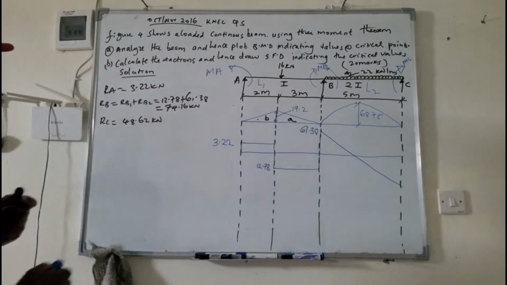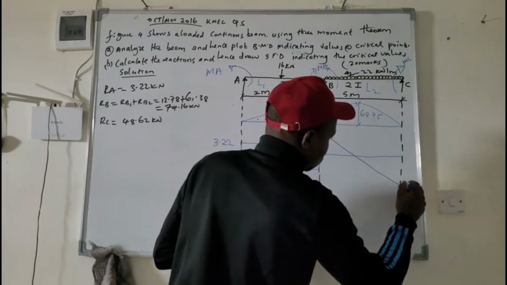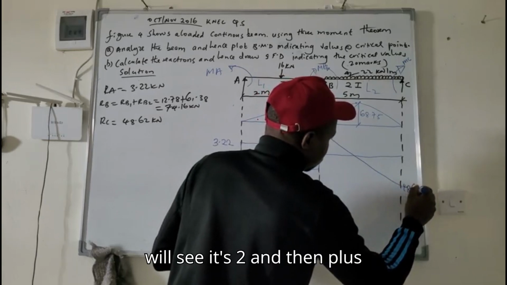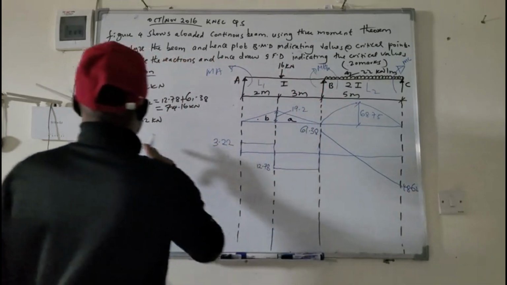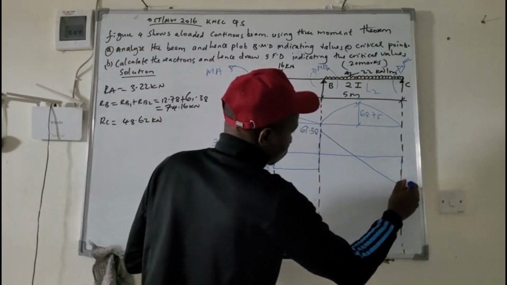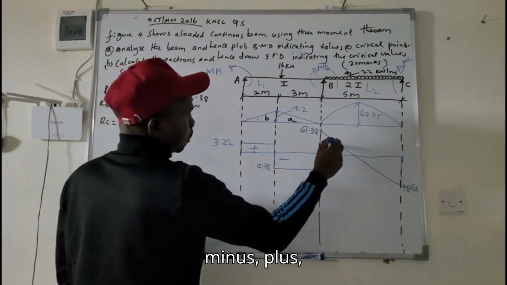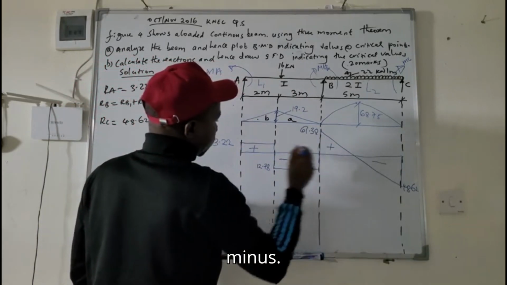That is negative 48.62, and then plus reaction at C, you go back to 0. So this one will be plus, minus, plus, minus.